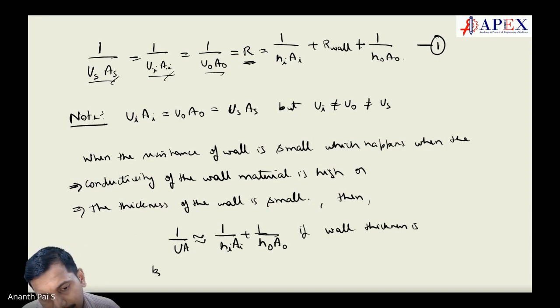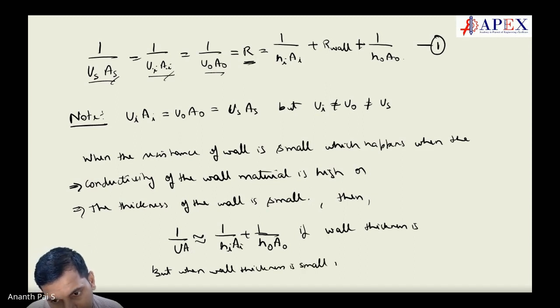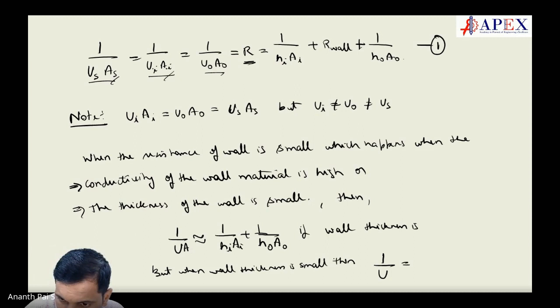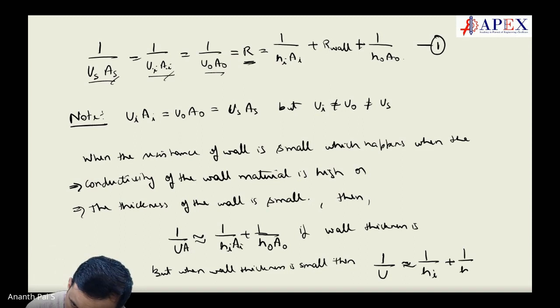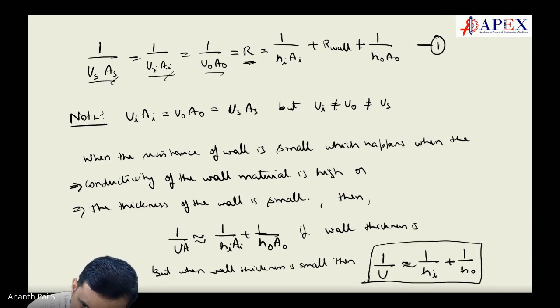But when wall thickness is small, then 1 by U is almost equal to 1 by hi plus 1 by h naught. This you write it as equation number, and we will stop it here.